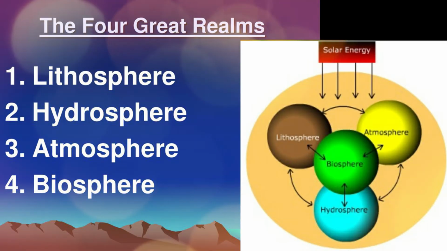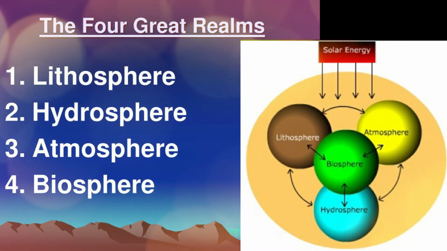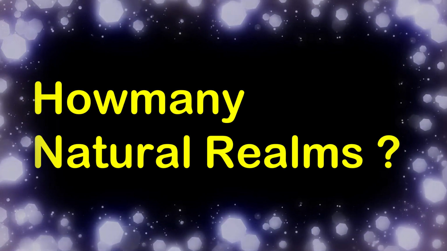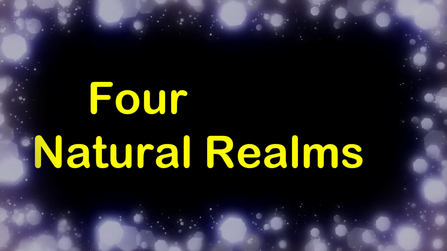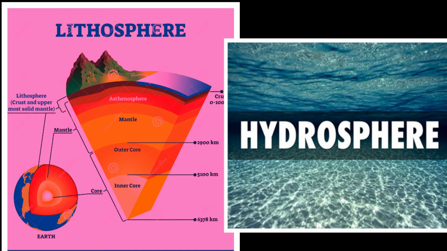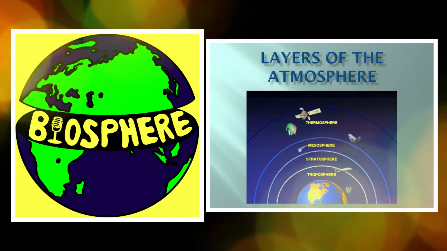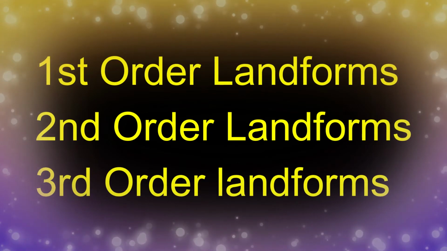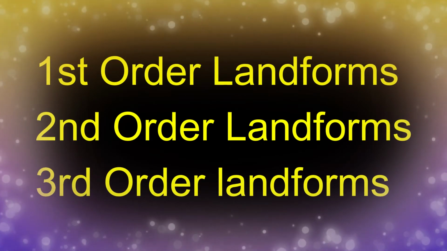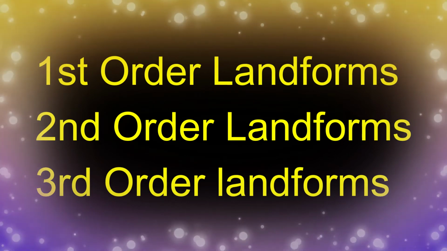Students, in the previous class we discussed so many very important and useful pieces of information, like the introduction of the natural realms. How many natural realms? Four: lithosphere, hydrosphere, atmosphere, biosphere. We also discussed first order, second order, and third order landforms.